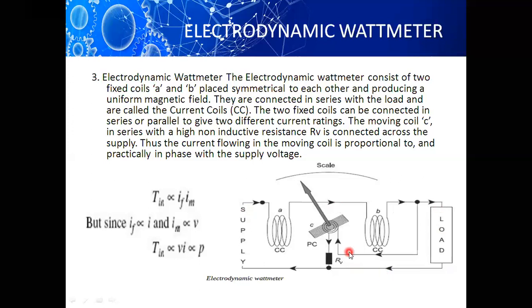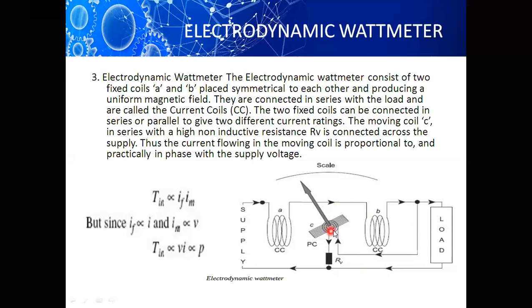And let us see how the pressure coil is connected. Actually, we haven't discussed the current split here. I just said that these coils are in series with the load. Let me give the reason. At this junction, the current is supposed to split, but the current flowing through the pressure coil is very, very small.